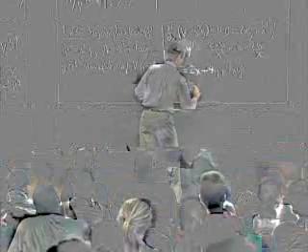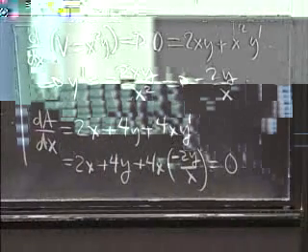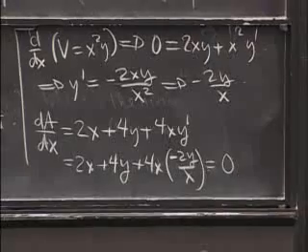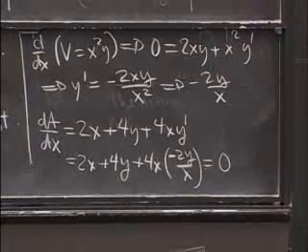So this is 2x plus 4y plus 4x times minus 2y over x. Okay? And that's equal to 0. And so let's gather that together. So what do we have?